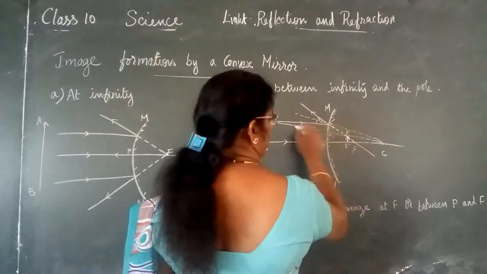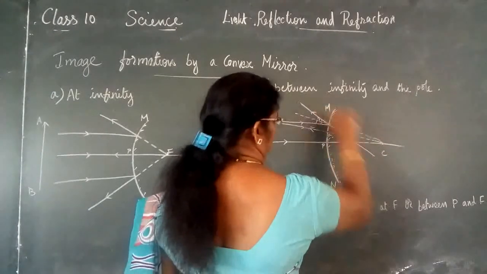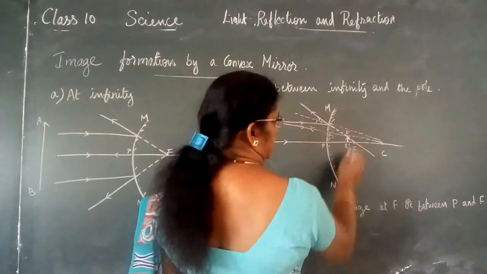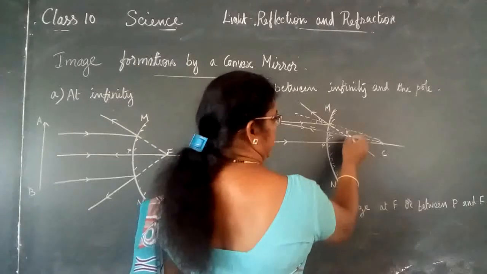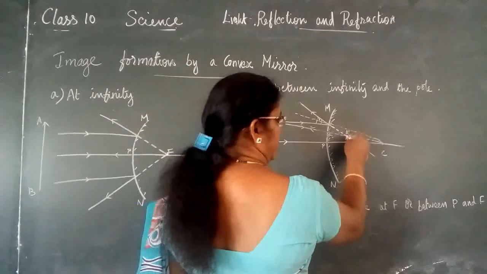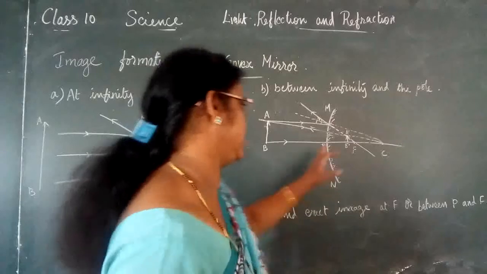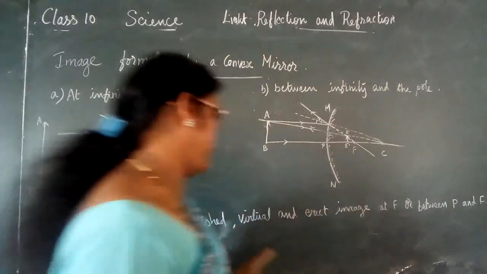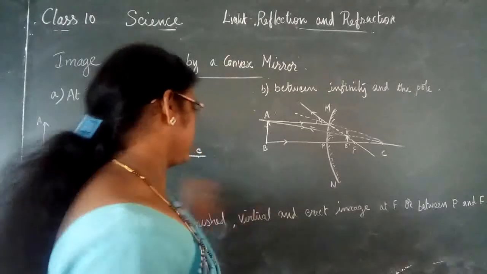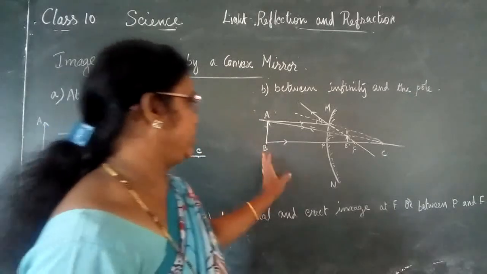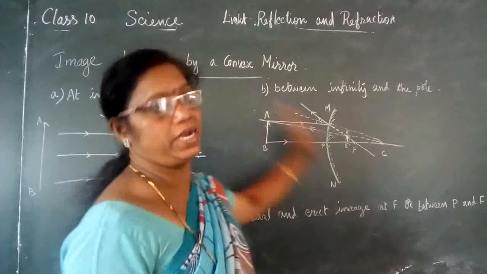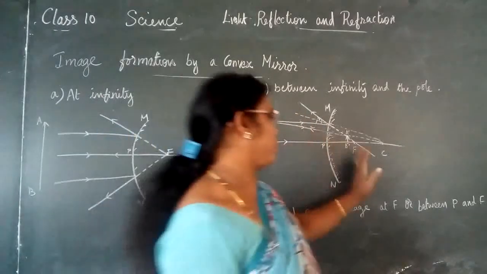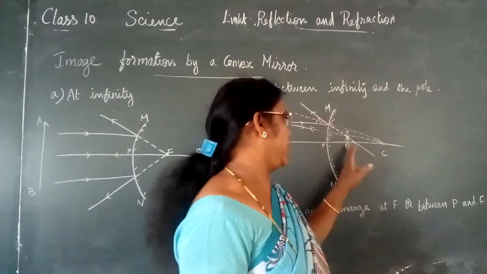So these two rays meet at the point A dash, B dash, and you will get a diminished image at this point which is in between P and F. So when the object is placed between infinity and P, the image will be formed between P and F.